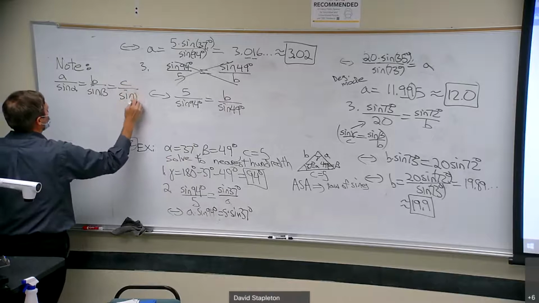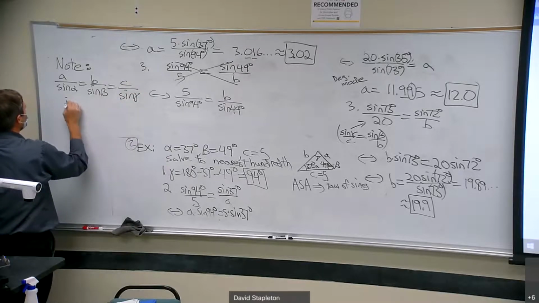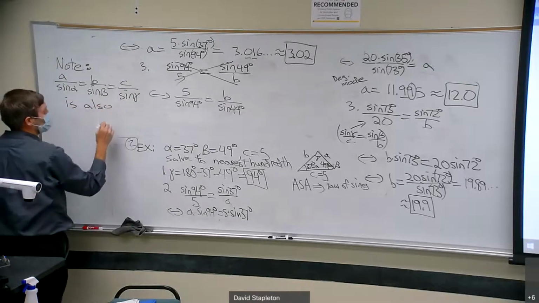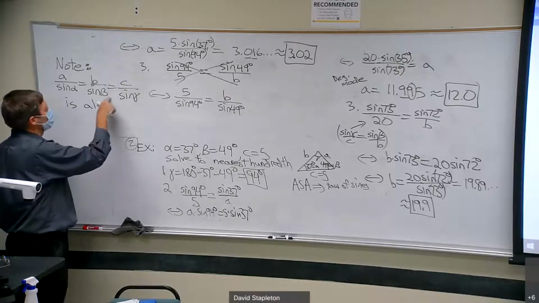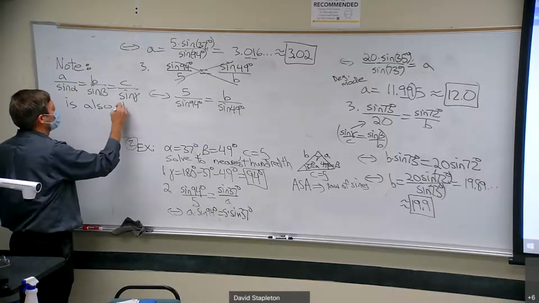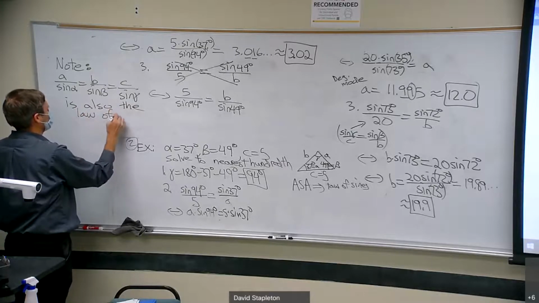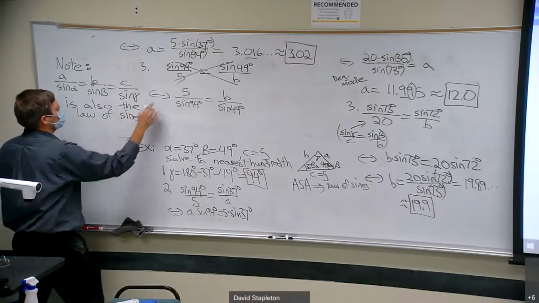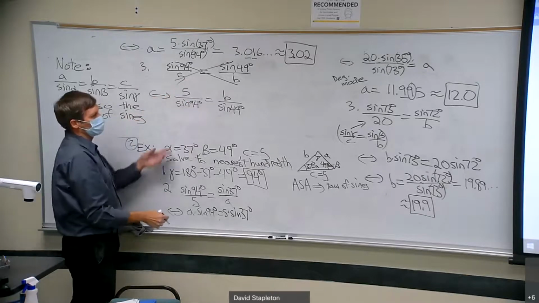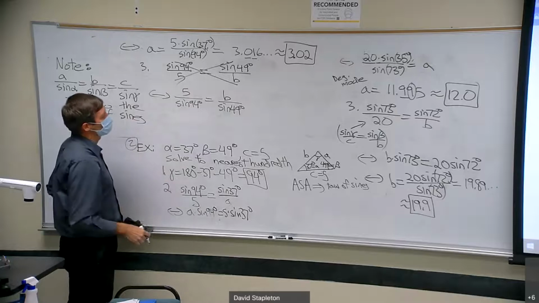You can write it upside down, write the reciprocals. This is also the law of sines. And actually, if you look around in textbooks, you'll see lots of them give the law of sines this way instead. Why would they want to do that? Personal preference. They both are the same. So if you want, instead of starting here, just start here, and then you don't have to use reciprocals or cross multiply anymore.